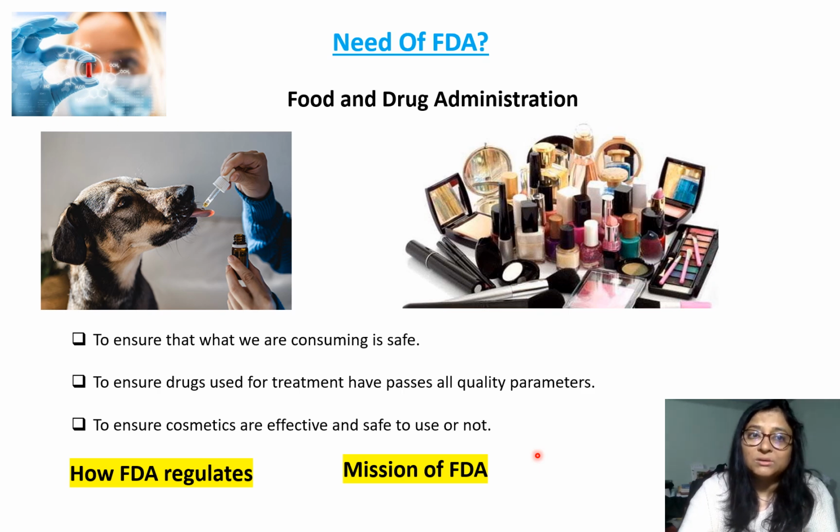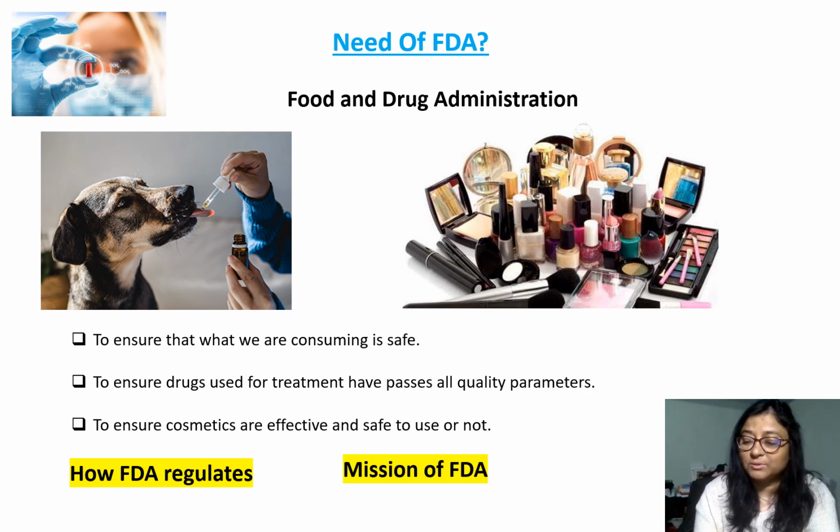Obviously cosmetics make us beautiful and glamorous, but before using them we should ensure they are safe, and for that FDA works for us. In the previous session we also went through how FDA regulates and what the mission of FDA is. If you want to know more about the FDA, please go to the previous session, and you can learn about its basic features.